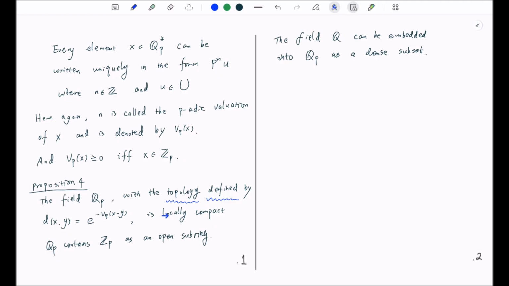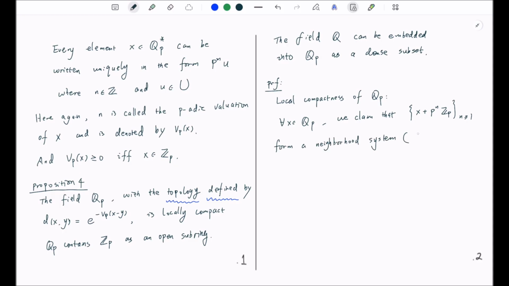So now let us check the local compactness of Q_p. For any element x in Q_p, we claim that the collection of x plus p^n times Z_p for n equal to 1, 2, and so on forms a neighborhood system of compact neighborhoods for x. So this can also be called a neighborhood basis.